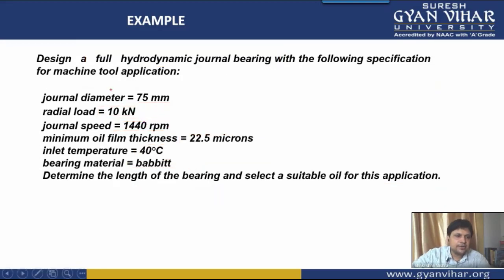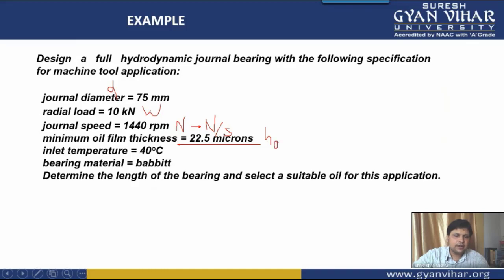So let's move to these values. Journal diameter is given by small d, radial load by W, and journal speed by N. We will find the value of revolutions per second, NS. Then minimum oil film thickness is given as H naught.